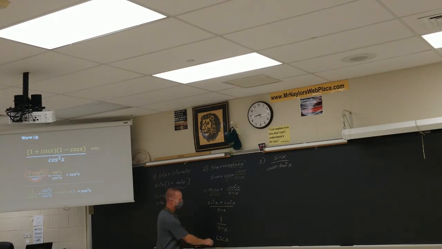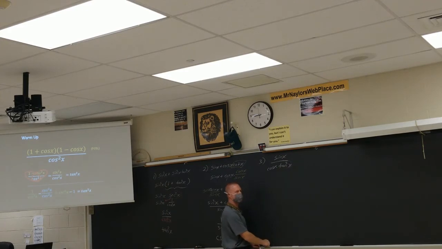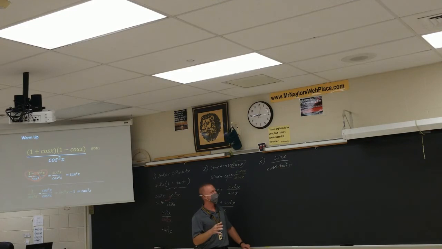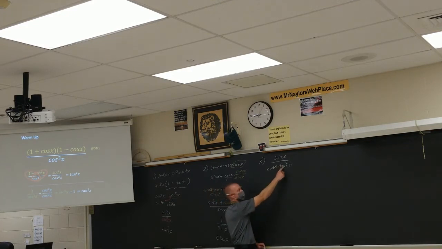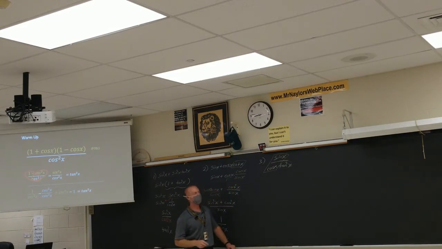What do we have? First of all, I don't really want to change tangent squared to be sine squared over cosine squared. I don't want to put a fraction in a fraction. Tangent squared is sine squared over cosine squared, but I don't want to put a fraction in the denominator. Actually, kind of like the problem I did in the notes, I see sine over cosine.